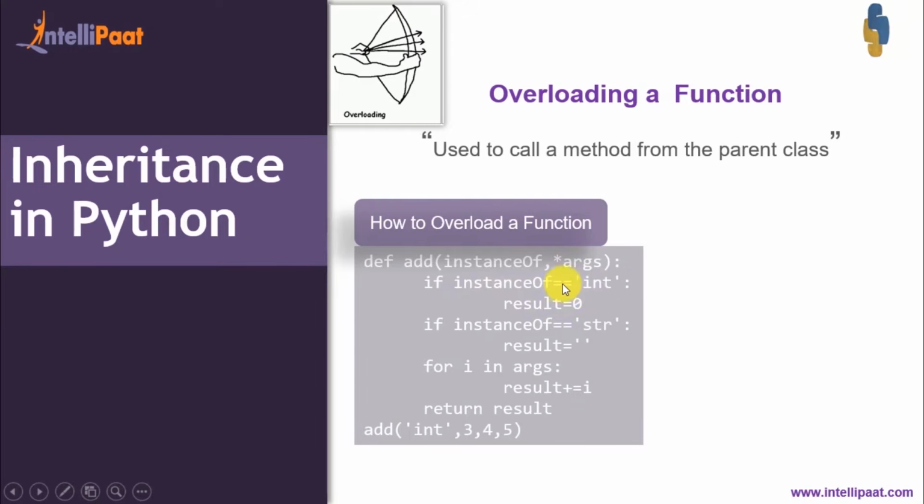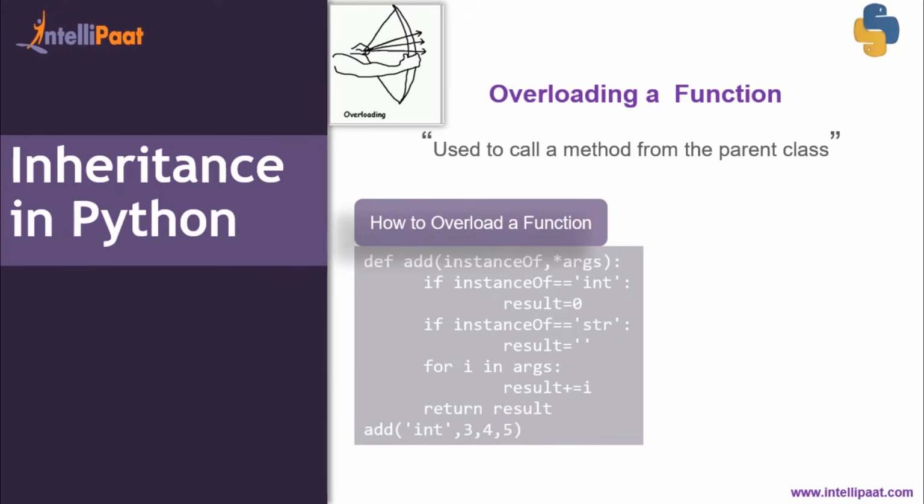If the data type is int, we initialize result with 0. If the data type is string, we initialize the result with opening and closing single quotes. Next, we loop for i in args, result plus equals i, and finally return result. When calling the add function, I pass the data type first, and then three values like 3, 4, 5. It will give me the integer sum of all of them.